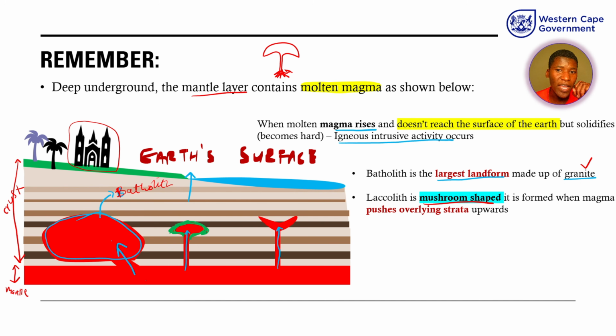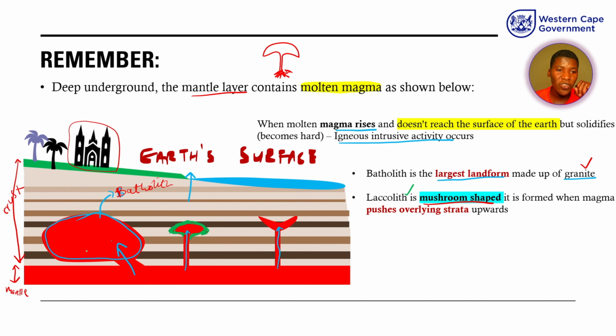A mushroom. So whenever we've got a mushroom shaped landform due to molten magma that has become hard, forming this type of shape, it is known as a laccolith. A batholith is the largest one, whereas a laccolith is mushroom shaped.